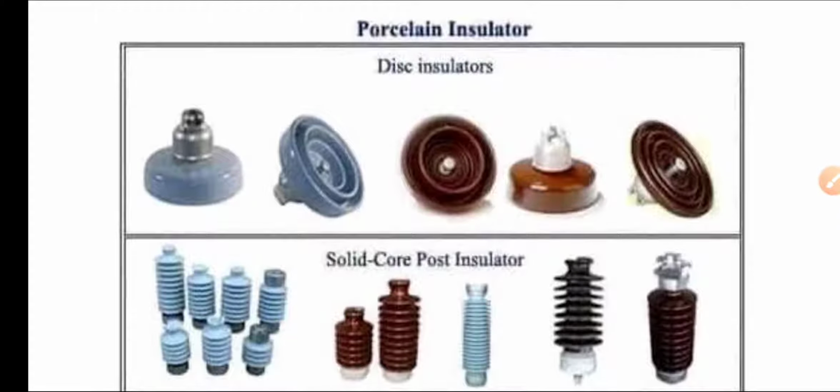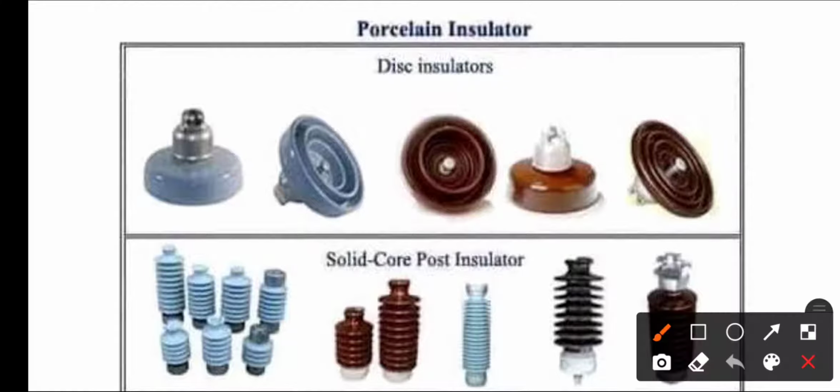You can see in the picture that porcelain insulators are mostly used in transmission and distribution. Why are they used? Because their mechanical strength is very good, and their electrical properties are very good.